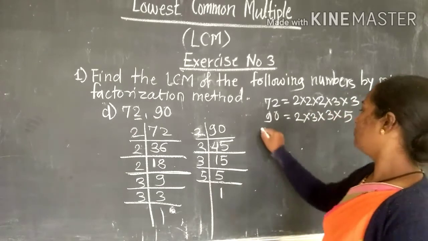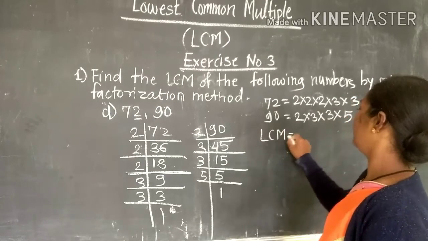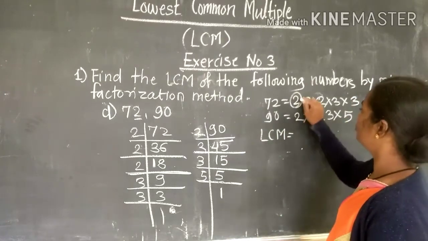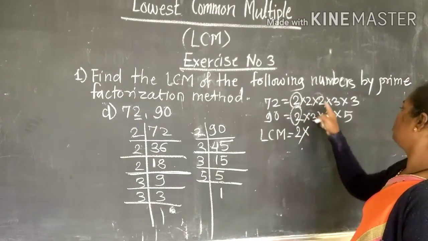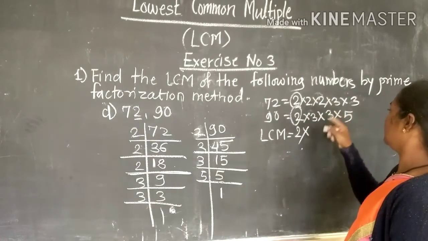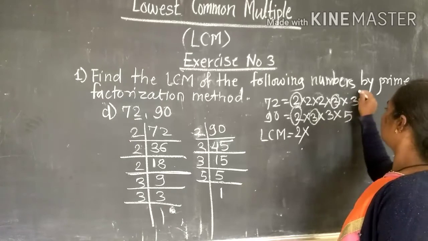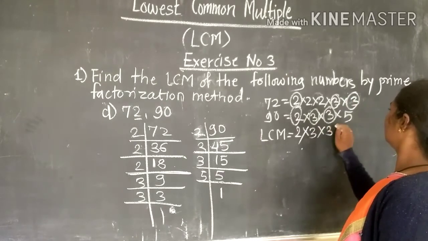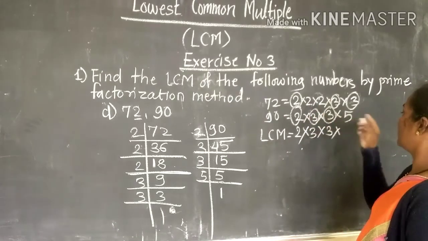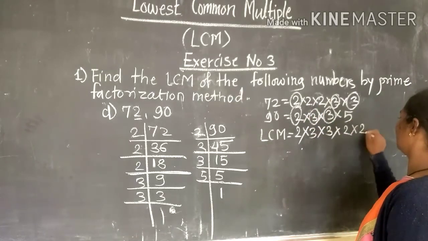Now for the LCM, first of all we write the common factors: 2 and 2, 2 and 3, 3 and 3. Now the remaining ones are 2, 2 and 5, write them down.